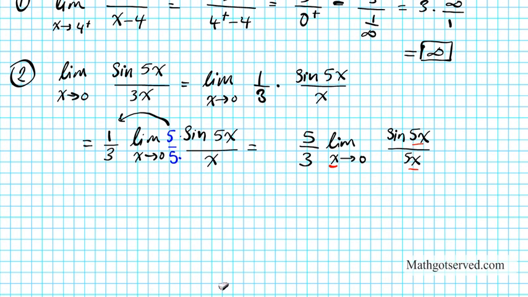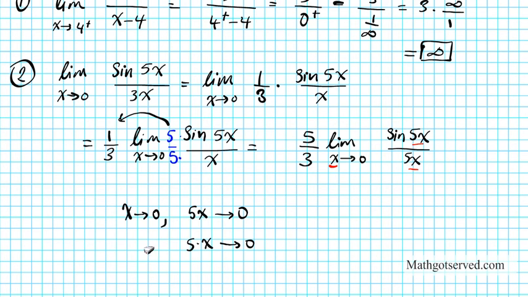So we need to fix that. So the question is, as x approaches 0, what does 5x approach? Is it obvious that 5x approaches 0 as x approaches 0? Obviously, right? Because 5x is 5 times x, and as x gets really, really close to 0, this whole expression is just 5 times that value, so it also approaches 0.